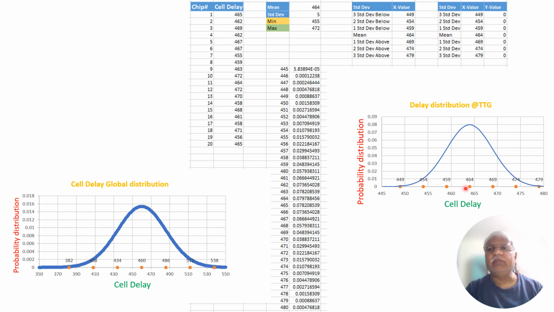I just wanted to mention that these values will not coincide. That means TT and the TTG global corner, which represents the local variation of this distribution at the TT corner, will not coincide. They need not. Definitely not. That is the point I wanted to mention here.